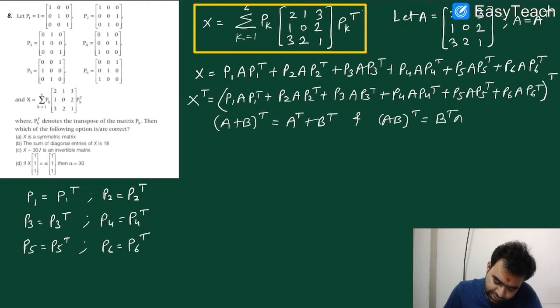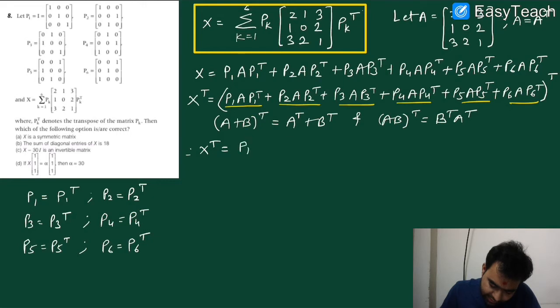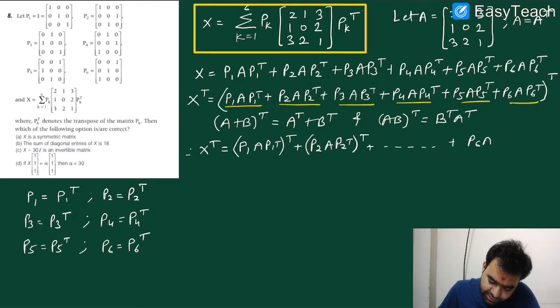So for this, let us say these are A, B, C, D, E, F. So (A plus B plus C plus D plus E plus F) transpose is A transpose plus B transpose plus C transpose and so on. So here I can say (P1A P1 transpose) transpose plus (P2A P2 transpose) transpose, and so on till (P6A P6 transpose) transpose.